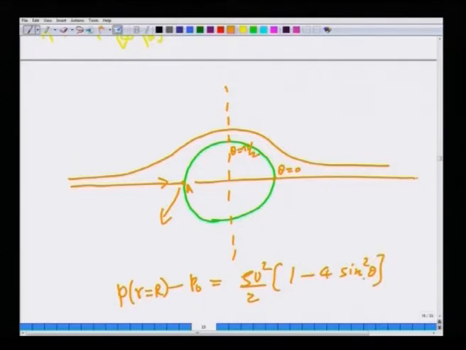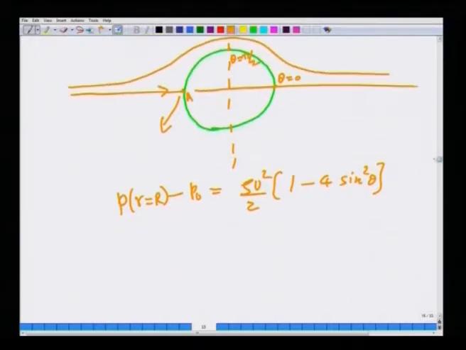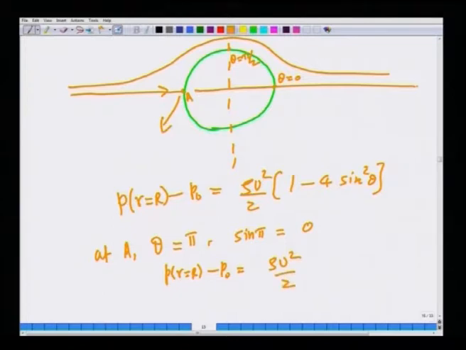So, this is the pressure at the surface of the sphere. At this point A, we have to just set theta equals pi, and sin pi is nothing but 0. So, at A the pressure minus P naught is maximum, it is rho u squared by 2.